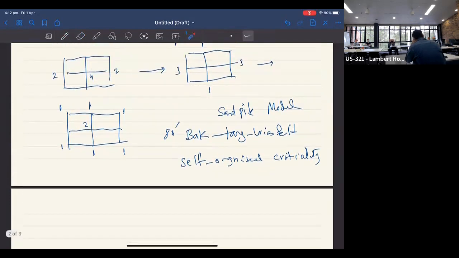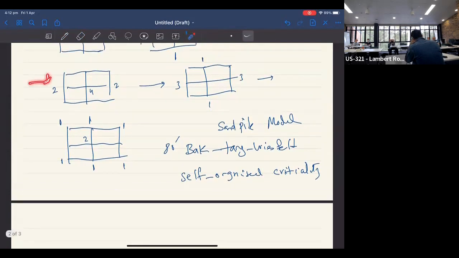What does it mean? Self-organized means you start with this model, say from here, and there is no force from outside. It just starts firing until it gets stabilized. And they prove that you always get a stabilized configuration. Okay, so self-organized, without any force from outside, you get here.